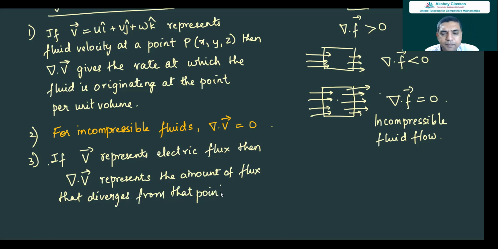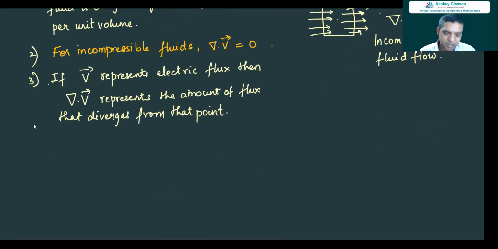So when you say del dot V is negative, then it converges at that point.